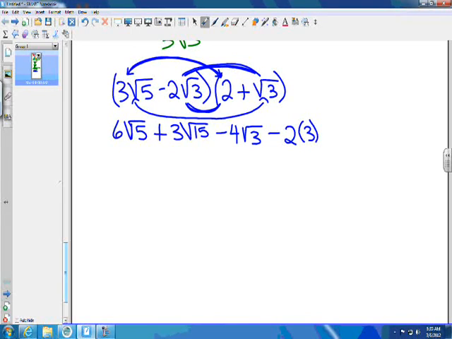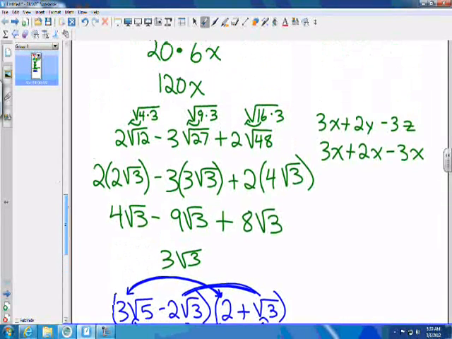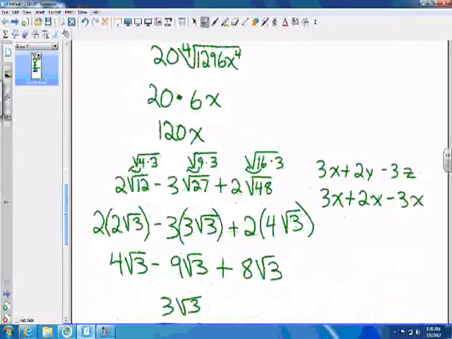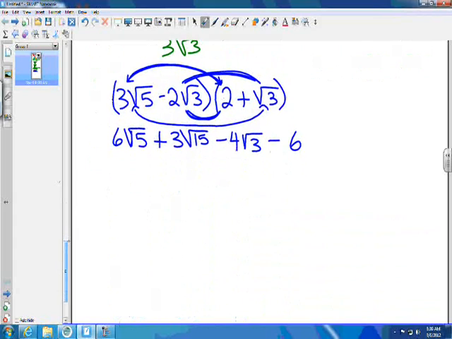So do we have any like terms? We have square root of 5, square root of 15, square root of 3, and then out here we just have 6. No. So what did we do up here? Here we didn't have any of the same radicals, so did we just quit the problem? No, we simplified them. So we need to check that down here.